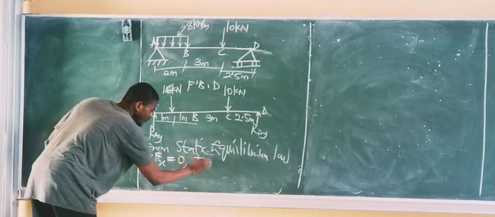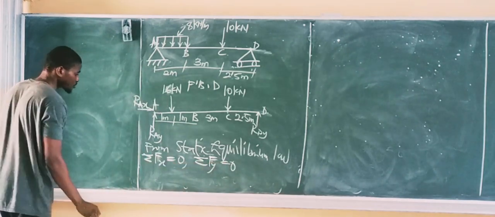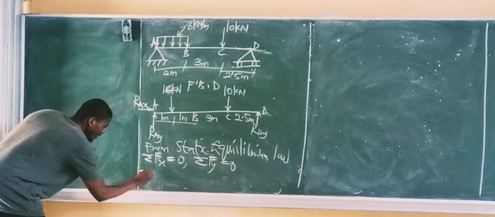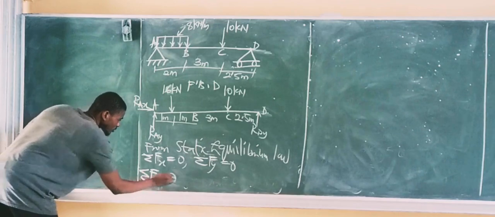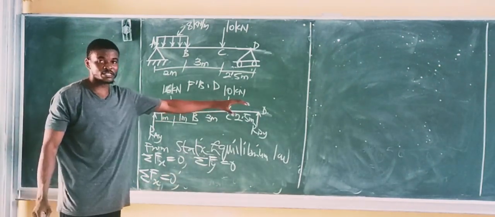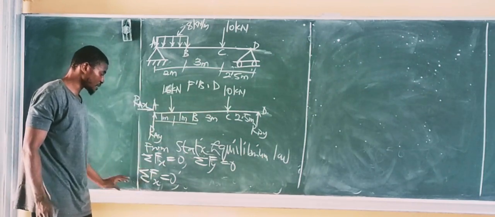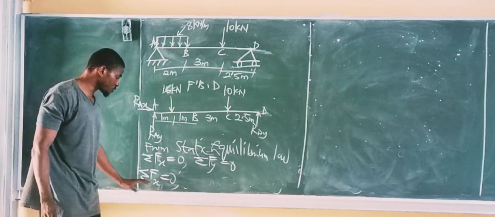Also, summation Fy is also 0. So we'll start with the first one. Summation Fx equals 0. So every force pointing along the x-axis on this beam equated to 0. That's what the law is saying. Sum all the forces in the x direction, that's all the horizontal forces, and equate to 0.